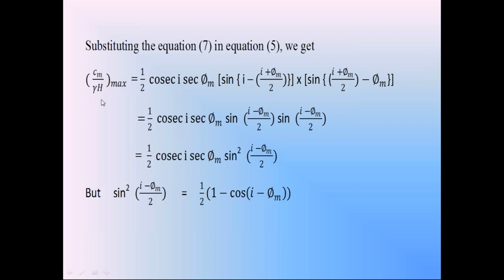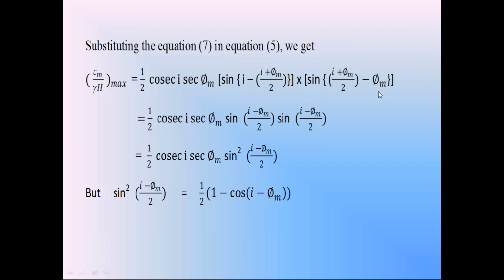Sn is equal to Cm by gamma h. When Sn is maximum, Cm by gamma h is also maximum. That is equal to half into cosecant I into secant phi m into sine (I minus alpha) into sine (alpha minus phi m), where alpha is I plus phi m by 2.